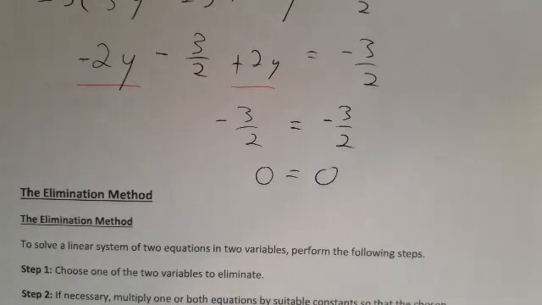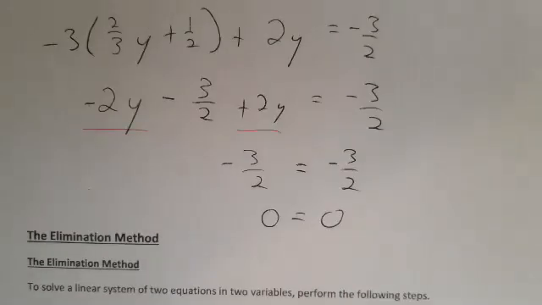What does that mean about my solutions? There are infinitely many solutions. Previously, if this was a one variable sort of thing and we got this, it's called a tautology. It's always true. If we get a true statement, it is infinitely many solutions.